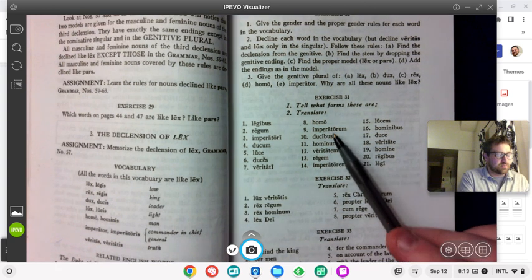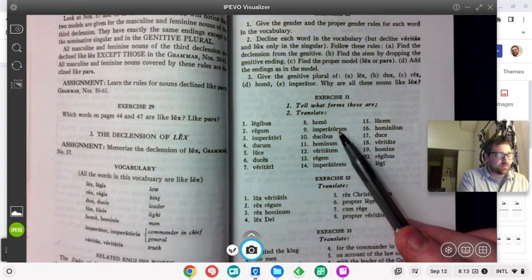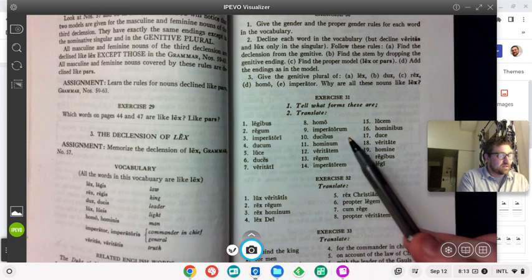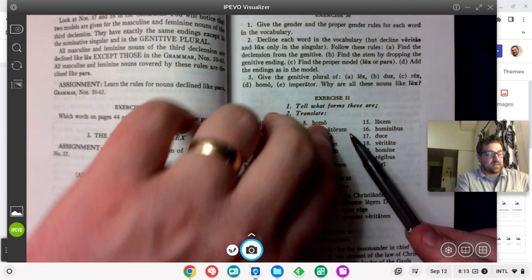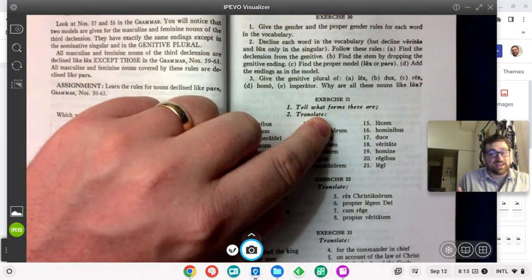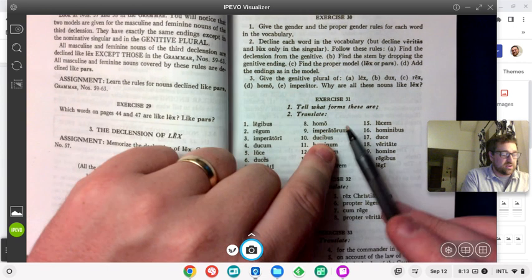Imperatorum. No, that's emperor, but it has the orum ending. And now this orum ending, you might recognize that as genitive plural, but actually, this or part is part of the stem.